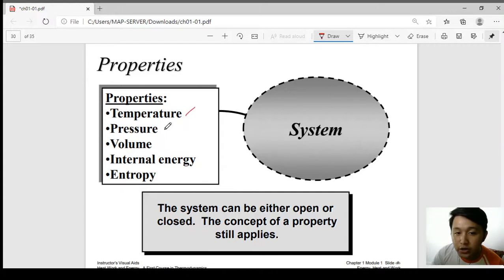We have temperature, pressure, volume, internal energy, and entropy. These are properties of a system. A property is a characteristic of a system. The system can be either open or closed; the concept of a property still applies. Whether closed or open, it still has temperature, pressure, volume, internal energy, and entropy.